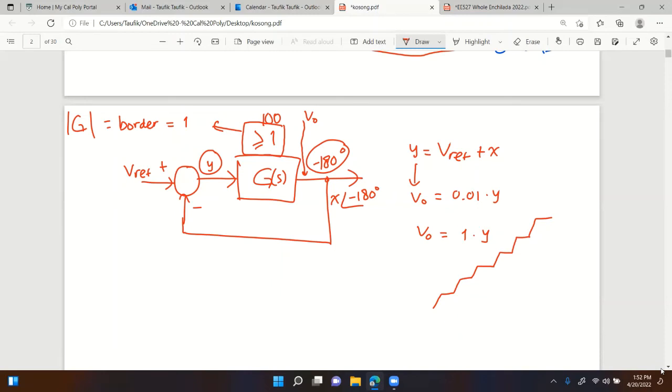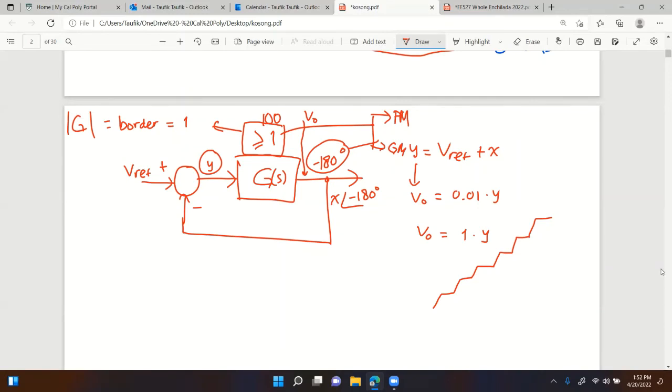Basically, 1 is the limit, while the angle is minus 180 degrees. That's why these two numbers are important when calculating phase margin and gain margin. In case you're wondering why in those equations we use 180 degrees and 1, now you know the answer.